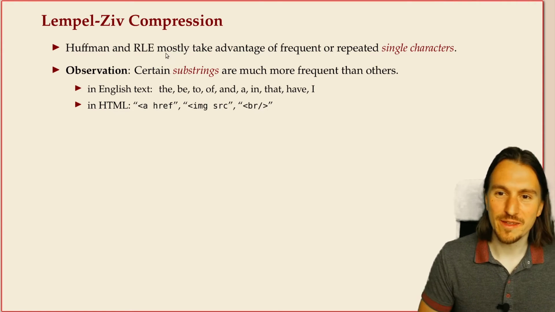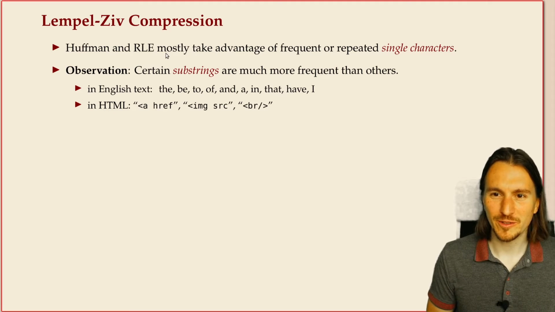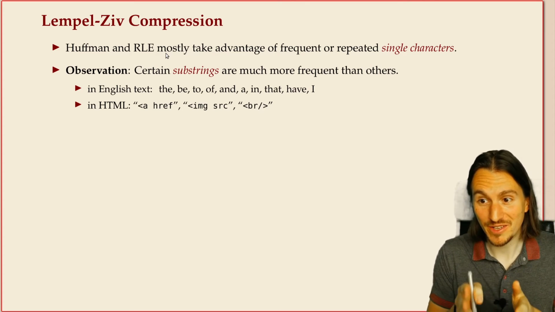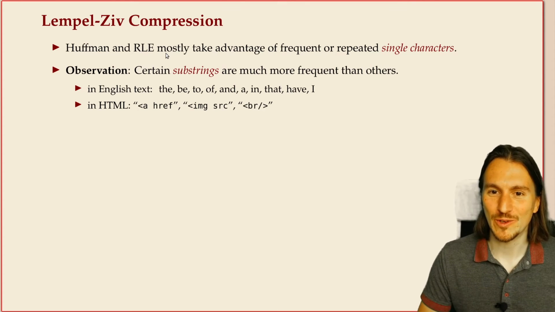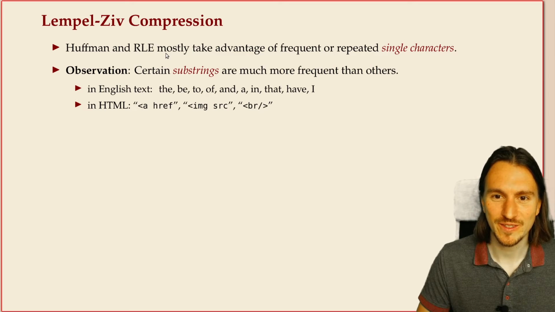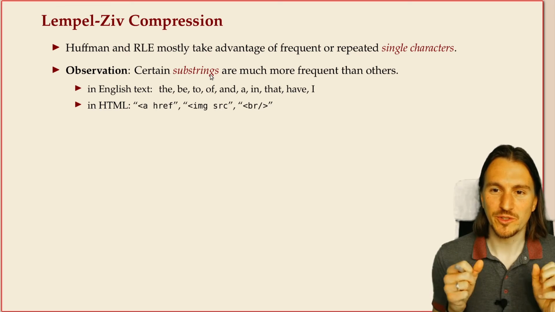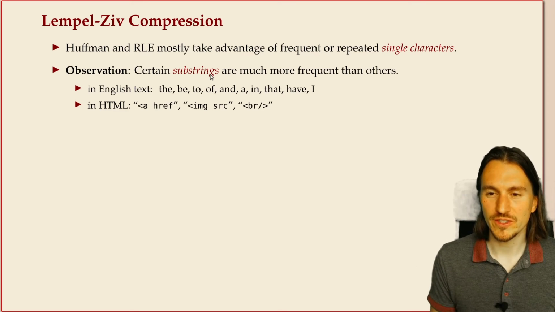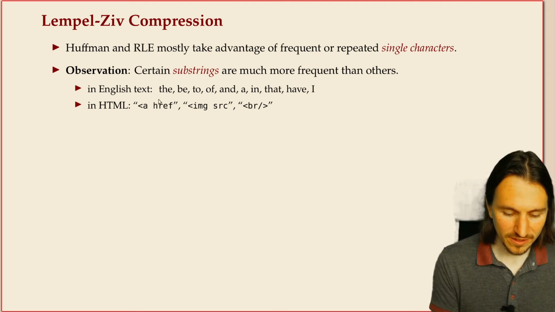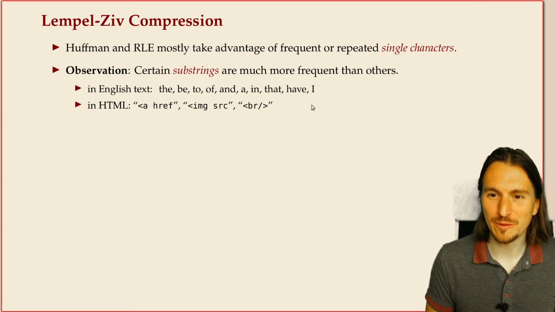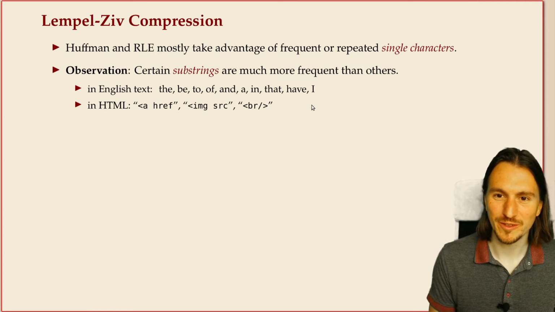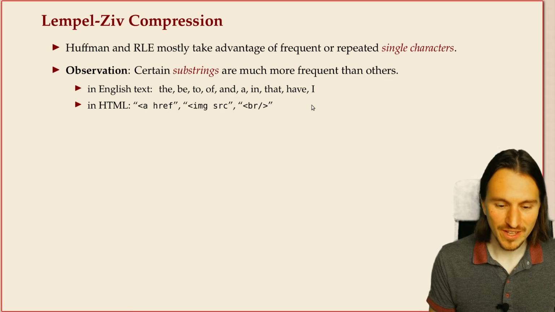Huffman coding and run length encoding both talk about single characters, either by their frequency overall in the text or by being the very same thing repeated, but we don't have that so often in many input instances. What we more often find is that substrings, certain phrases or words, are more frequent than others. For English texts, these are the most frequent ones, and I'm sure you would have found others in other languages.